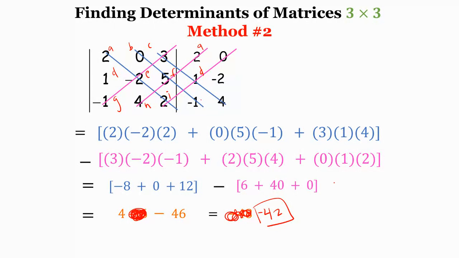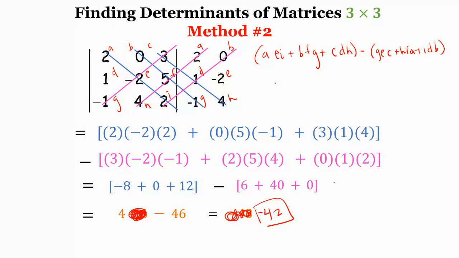This is A, this is D, this is G. This is B. This is E, this is H. Right, so when I'm doing this, I'm doing A, E, I plus B, F, G plus C, D, H. And then from that I'm subtracting G, E, C plus H, F, A in no particular order plus I, D, B. Right, so that's what I'm doing here.